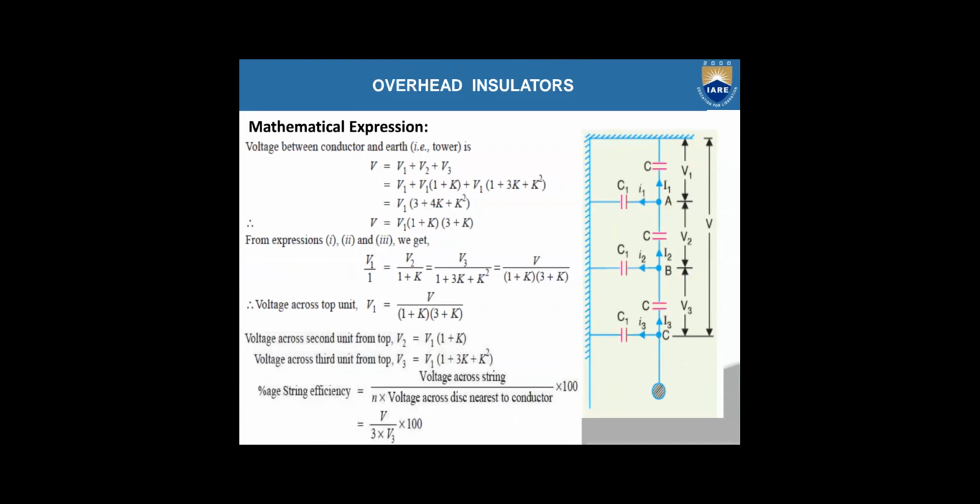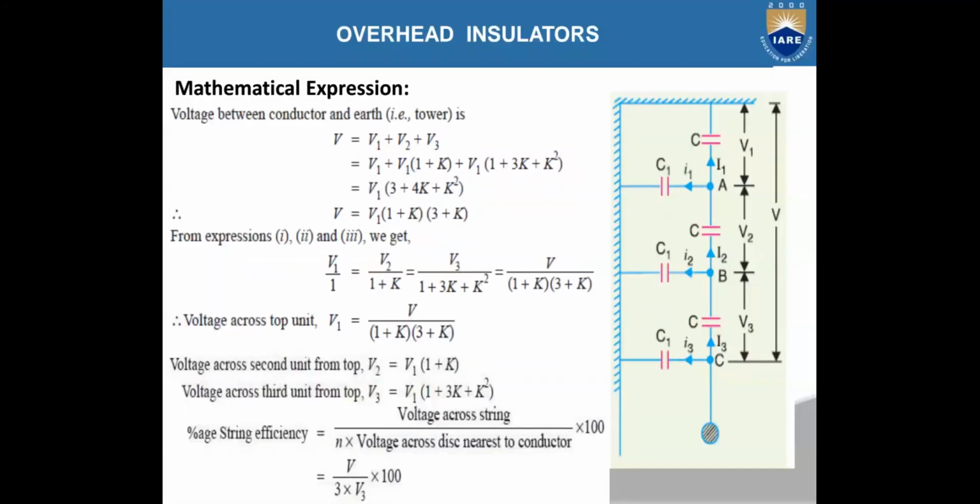Right, this is about the string efficiency. What we were discussing here: the different components of a transmission line tower, which are conductors, cross arms, some miscellaneous items, and insulators, the main components in the overhead transmission line.